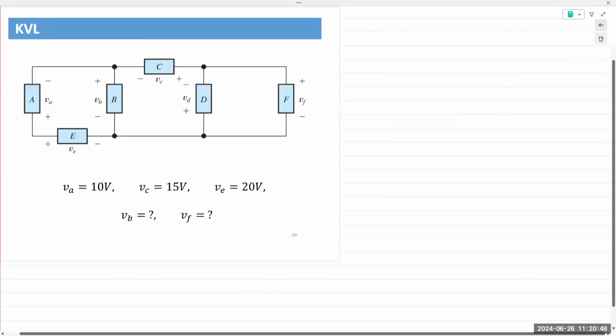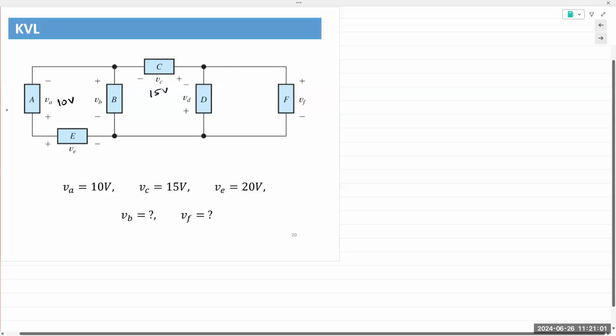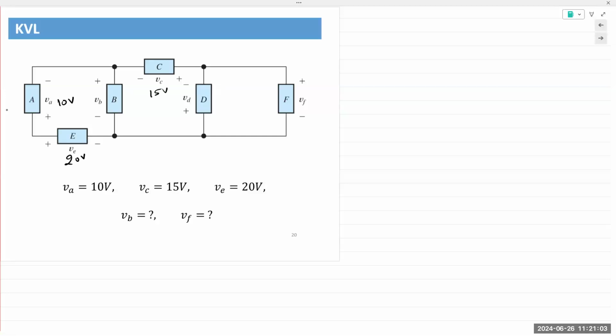And let's look at one example of KVL. In this example, we are given VA 10 volts, VC is 15 volts, VE is 20, and we are asked to find VB and VF.